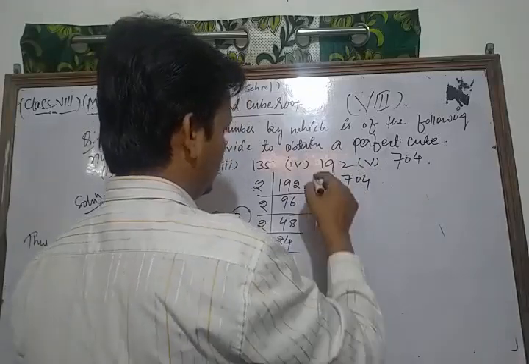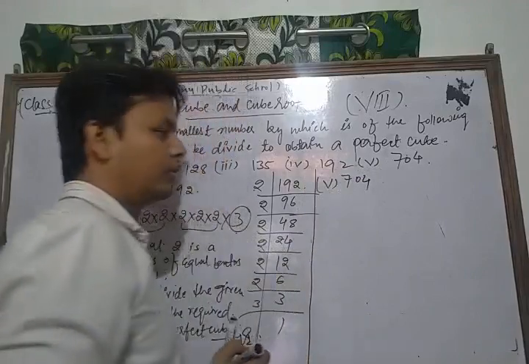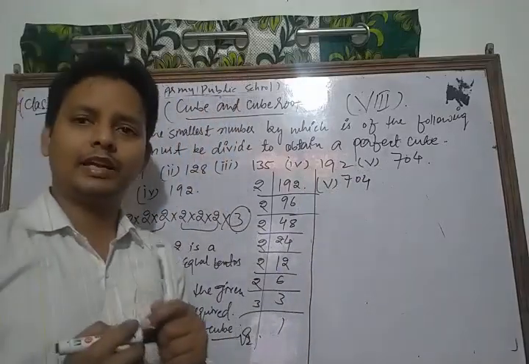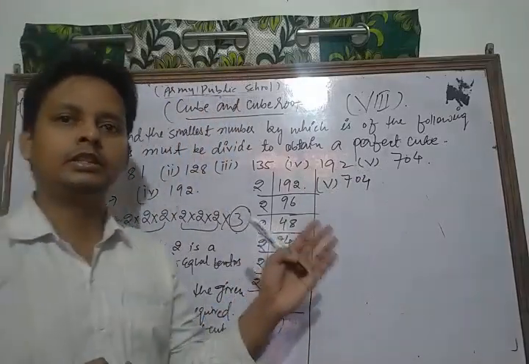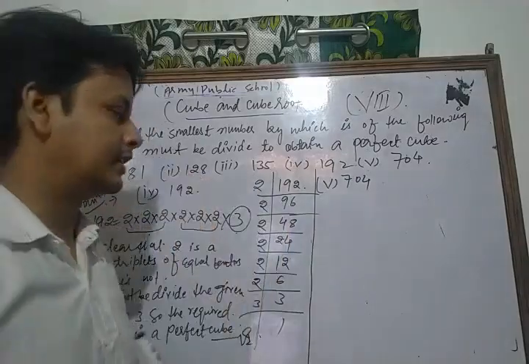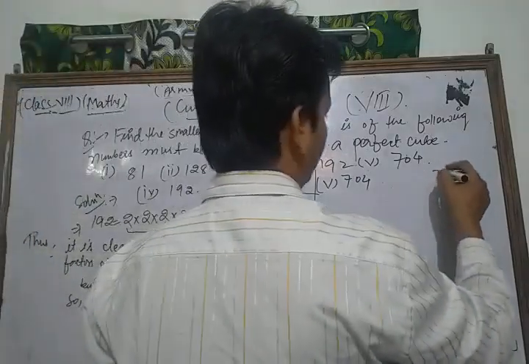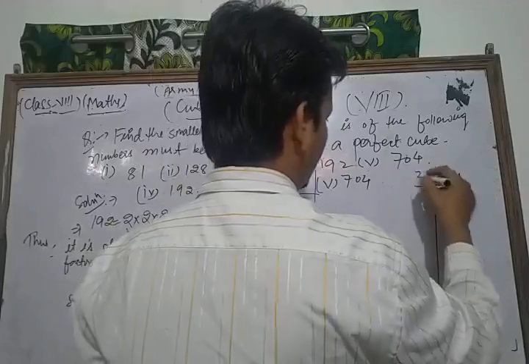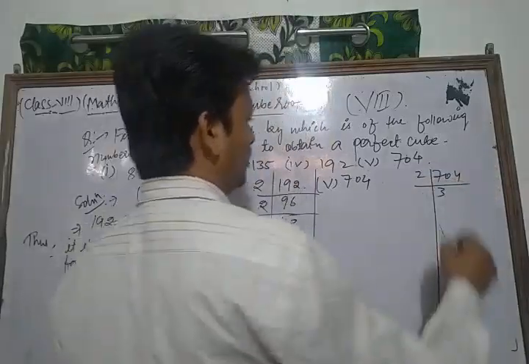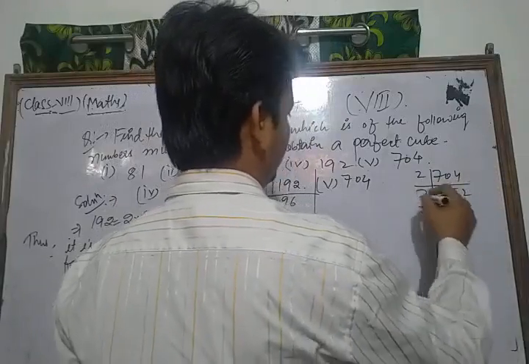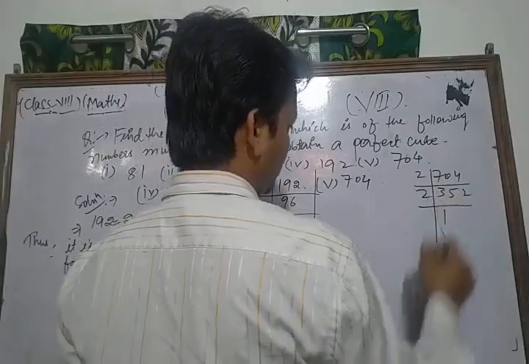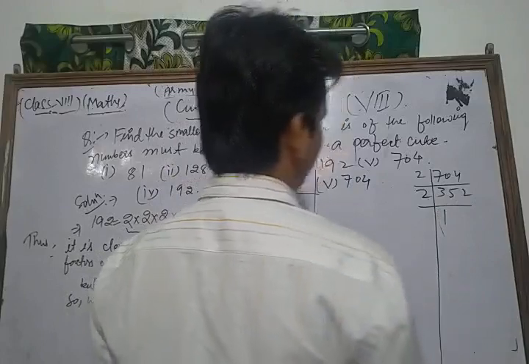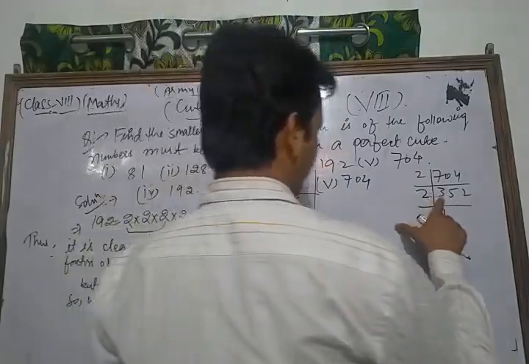Now what I do for that question, we solve it the same as that question, means we do their prime factorization. Let's see, 704, by 2, 2 threes are 6, now again by 2, 2 ones are 2.